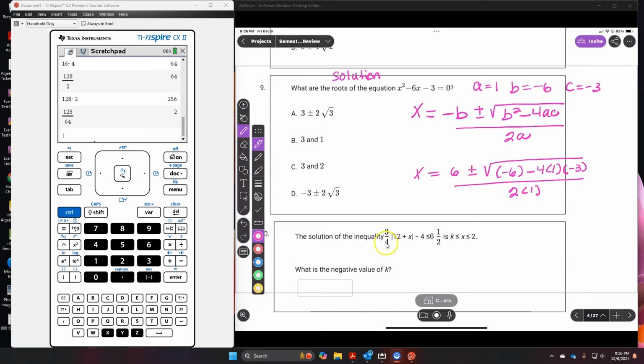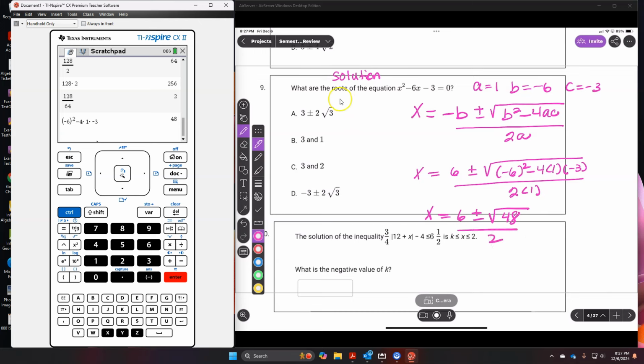Let me go to the calculator and evaluate the discriminant. We have negative 6 squared minus 4 times 1 times negative 3, and we get 48. So let me write x equals 6 plus or minus the square root of 48 divided by 2.